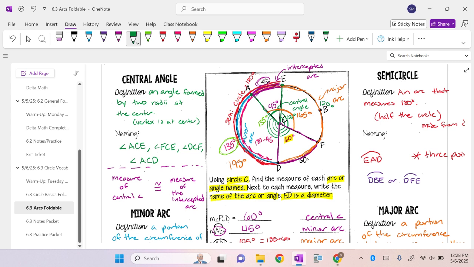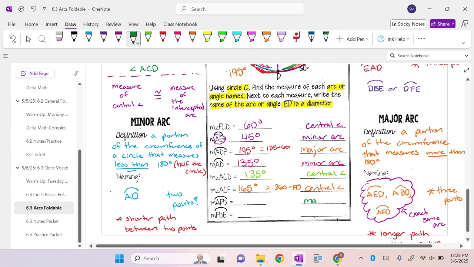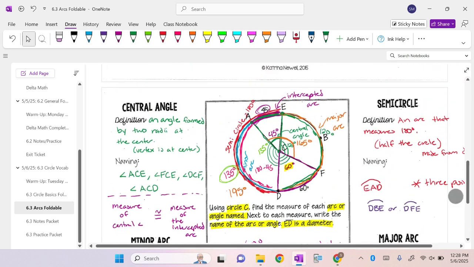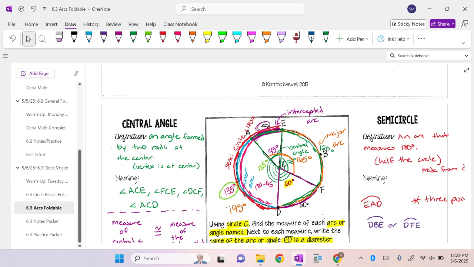So, that being said, what's the measure of this big arc right here? From A, F to D. First off, is that a major arc or minor arc? It's major. It's clearly bigger than 180 degrees. Now, can we easily find it? Don't we have all the pieces that we need?